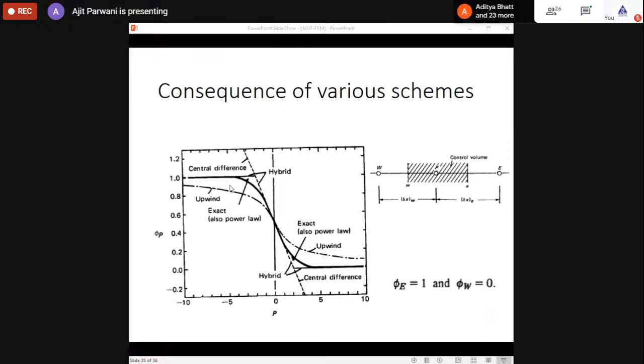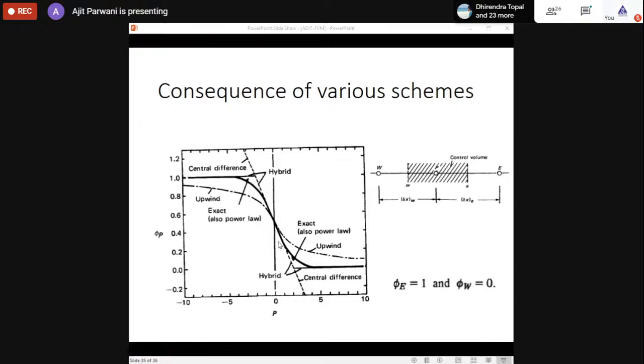The deficiency is that in this upwind scheme, the variable that we are choosing at this surface, we are using only the upwind variable, and this is right only if the value of velocity is very high. And if you see the exact solution, first of all, analyze this exact solution. What will this exact solution tell you?